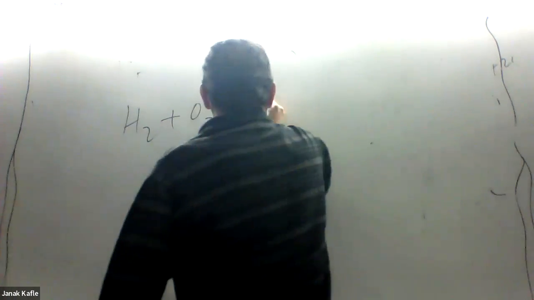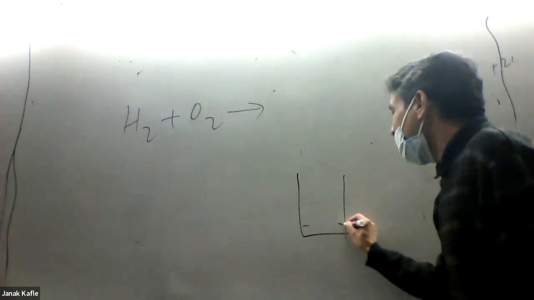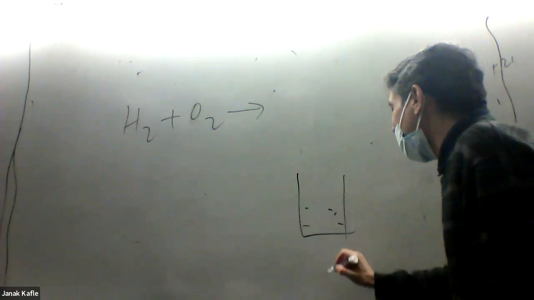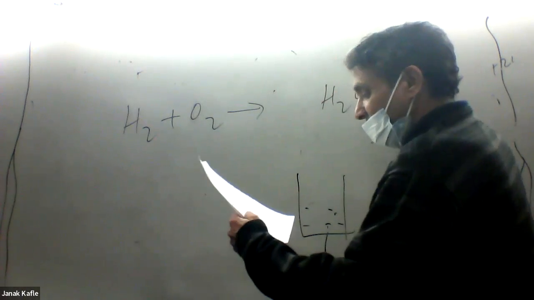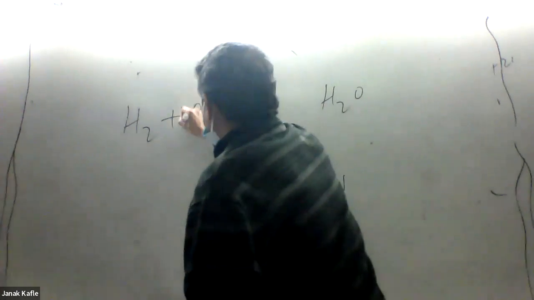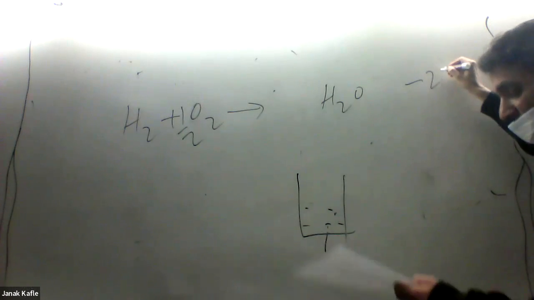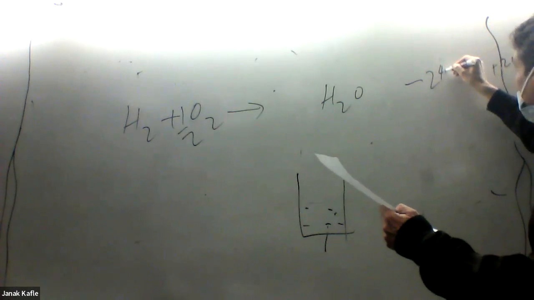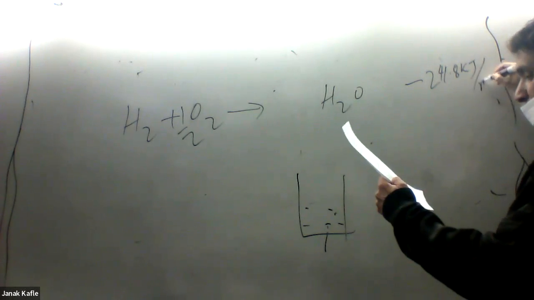So let's put here H2 plus O2 gives, what happens if you bond it? Mix, take some hydrogen here and oxygen here and fire it with a matchstick or something, and you get the water here. So the reaction is like this. It will give minus 241.8 kilojoule per mole of water.